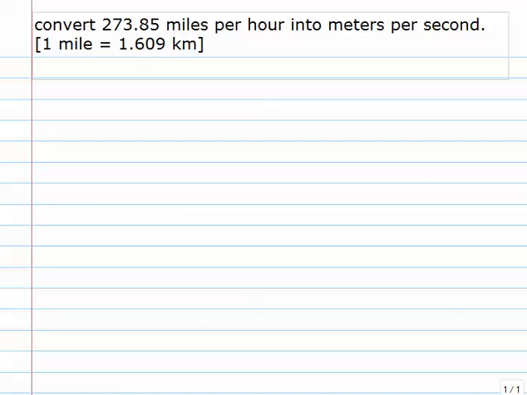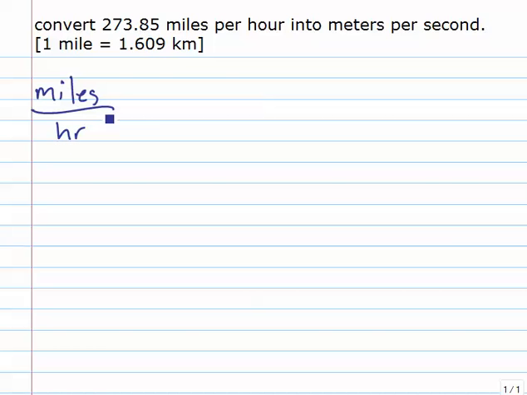unit at a time. So we are beginning with miles per hour, miles over hours, and we need to convert this into meters per second.